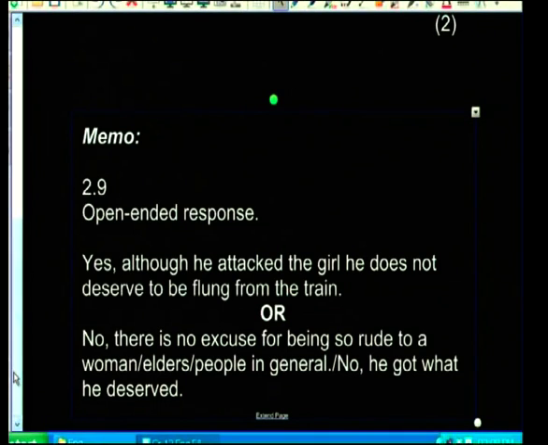If you said no, there is no excuse for being so rude to a woman or elders or people in general, or no, he got what he deserved, support your answer. So you can see there is no one definite answer. Your answer can be yes or no, but it has to be well substantiated. Then you will be credited with full marks. Let's go on to the next question.